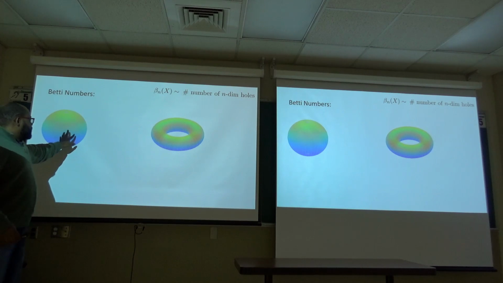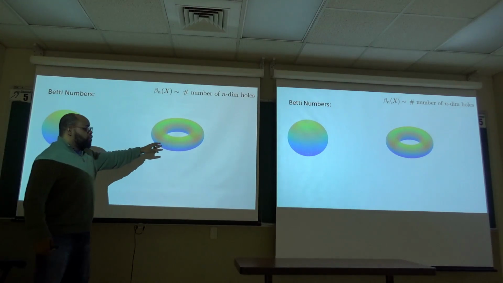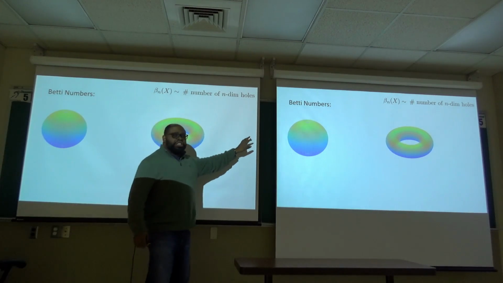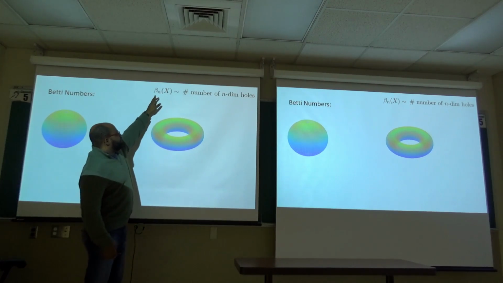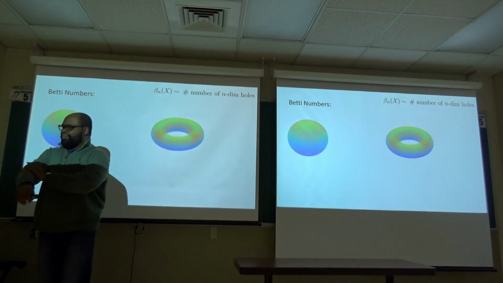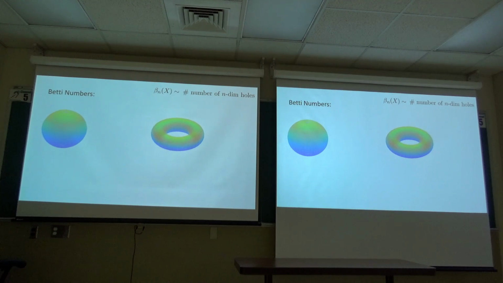To a space, it could be the sphere, it could be the torus, or it could be the space of images that we described before, it associates a collection of numbers, beta n's. So what do the Betti numbers measure? They measure the number of holes in each dimension in your space. Let me explain that with 2 examples.